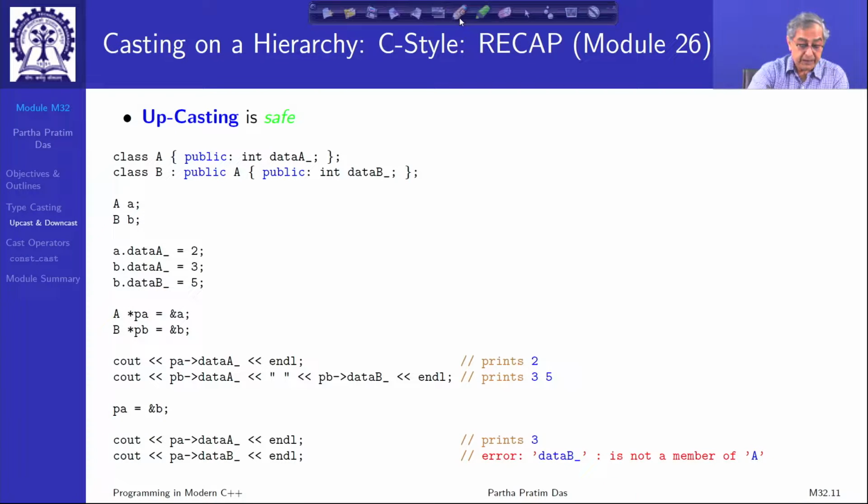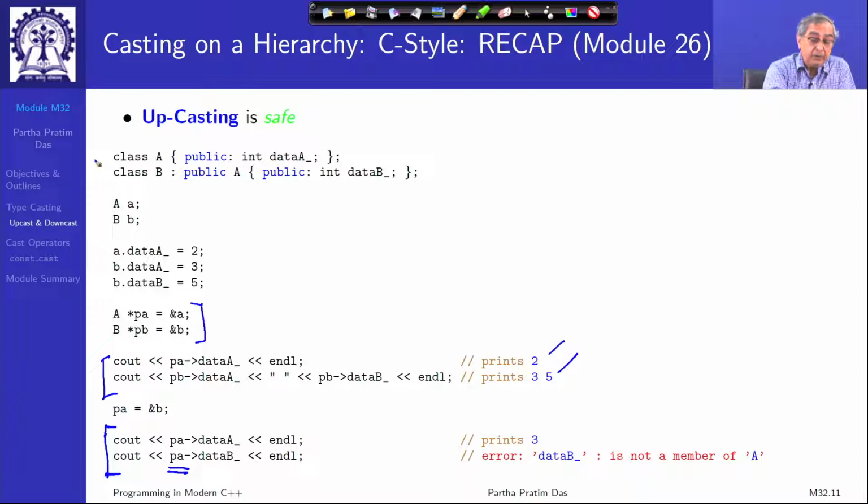So, with the upcasting, if we use the right pointers, we can print everything. If we are trying to use, like, PA, a pointer of type class A, and holding an object of class B, then using PA I will never be able to print this data member.